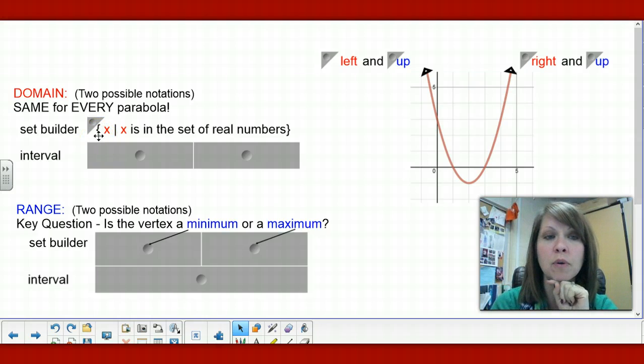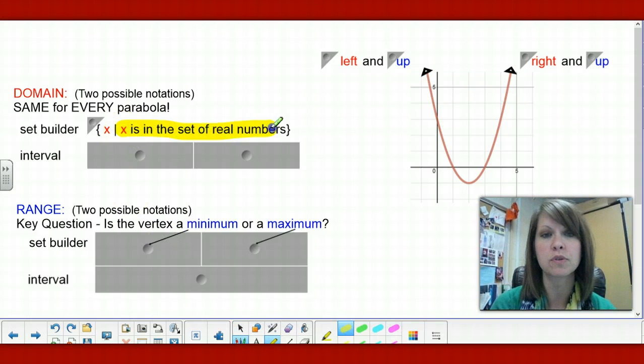That's what you say with the curly brace. Of x's, and then this big tall line says "such that." So the set of x values such that x is in the set of real numbers. The domain part of this is x is in the set of real numbers.